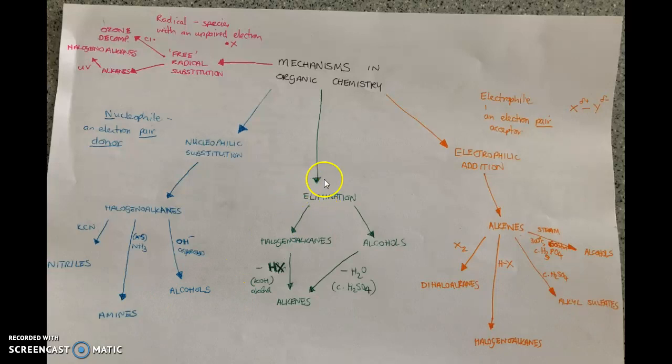Now, this is in contrast to the elimination reactions shown here in the green. We've seen elimination reactions in both halogenoalkanes and alcohols. Now, the halogenoalkanes undergo a base-promoted elimination. The base we use is potassium hydroxide, but we use it in an alcohol solution, alcohol solvent, sorry.